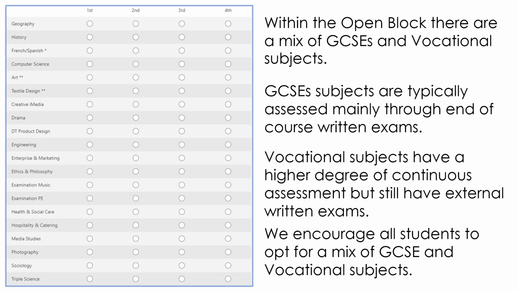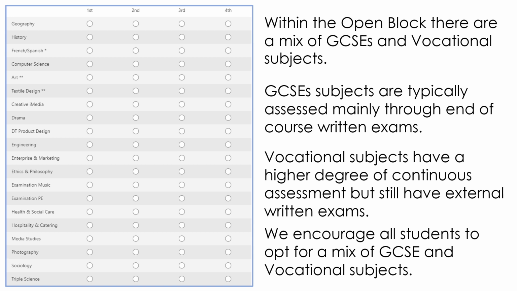They are all equivalent to each other. They are all level 2 qualifications. None of the subjects are more weighted than the others. And we actively encourage all students to pick and study a mix of GCSEs and vocational subjects.